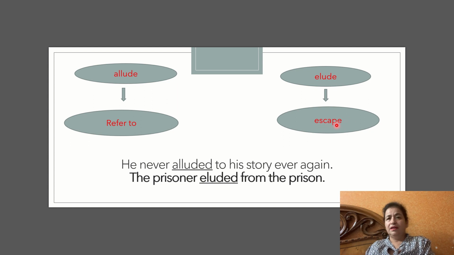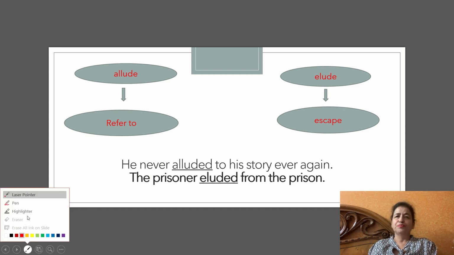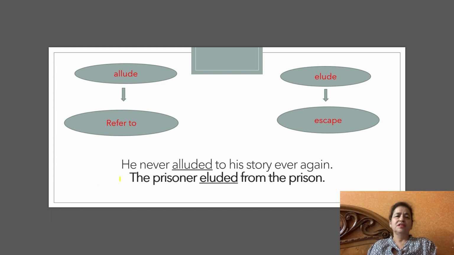For instance, I'll give you a sentence. Allude means to refer to. He never alluded to his story ever again. That means he never referred to his story ever again.